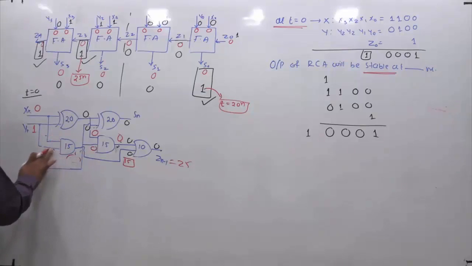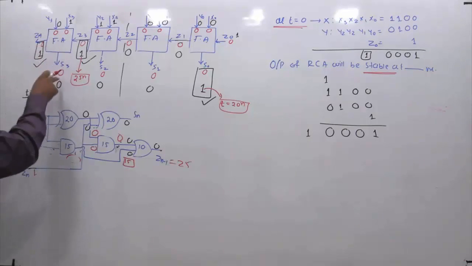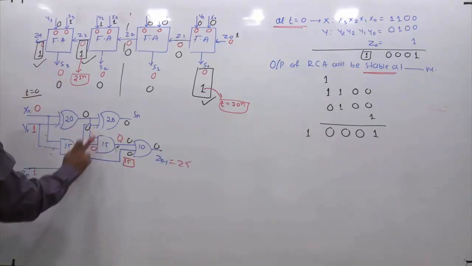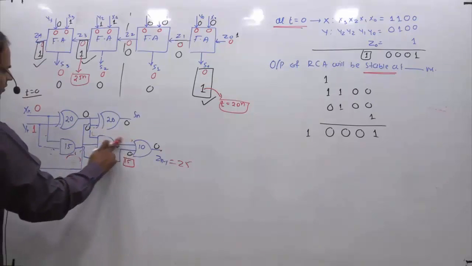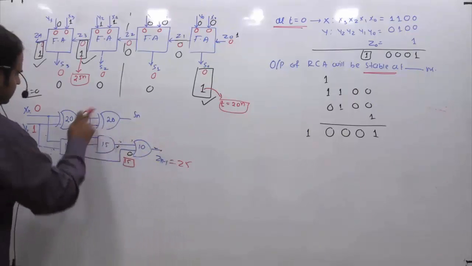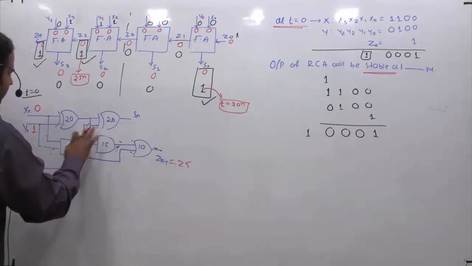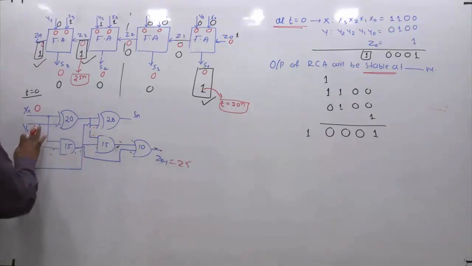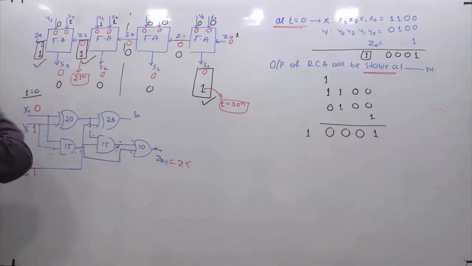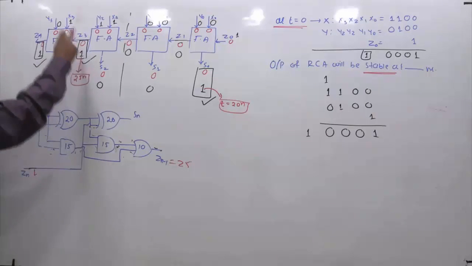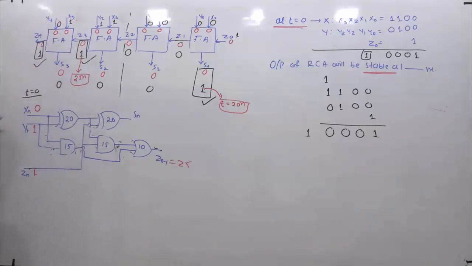Your interest is not to find the corresponding sum, because it's already in stable state. Your interest is to find the corresponding carry. You have to check at what time you are going to get the corresponding carry. What is the input I made? I made 1, I made 1, I made 0. So these two are 0, 1 and this is nothing but your 1.